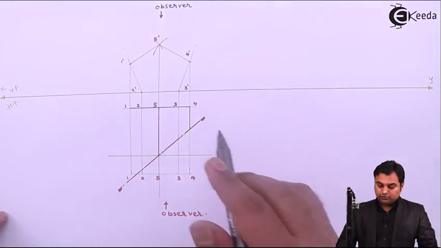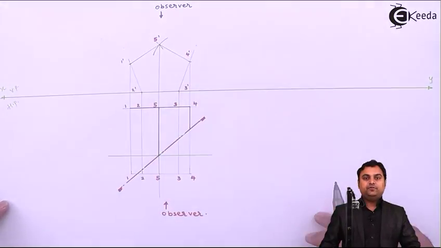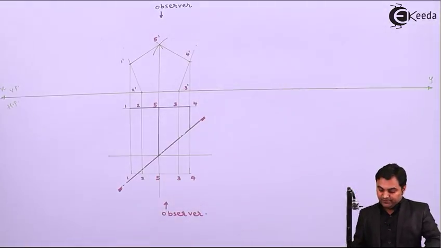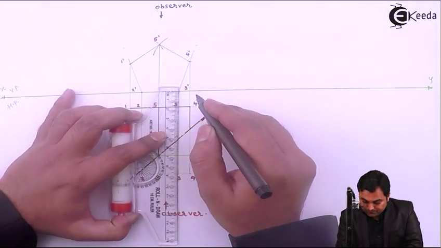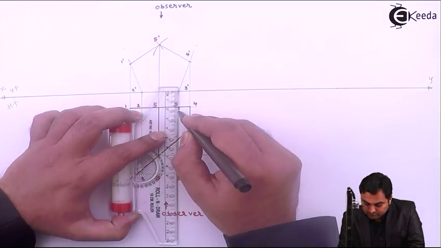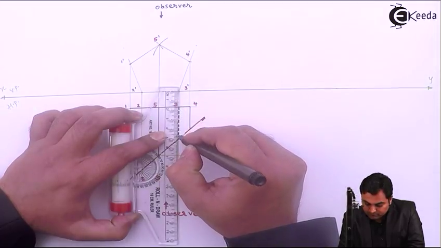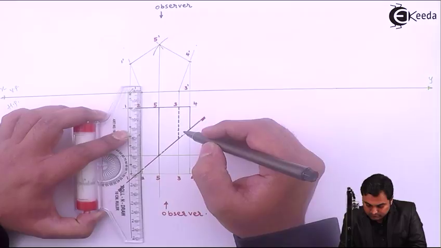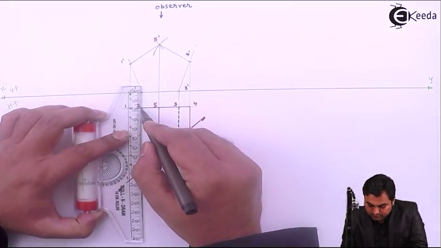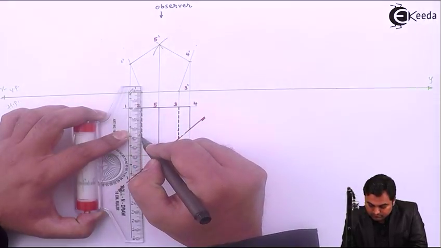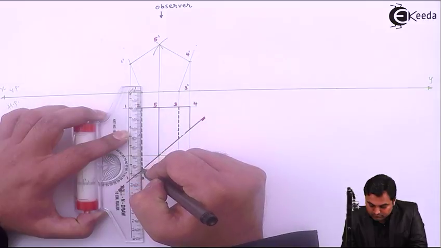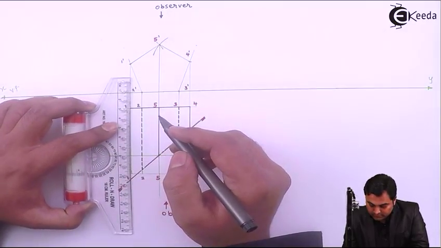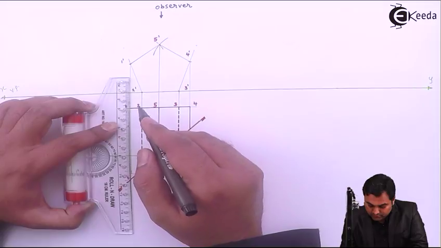But 2 and 3, they are going behind the observer, so those edges will be hidden. And this edge will be dark, 1 to 1.